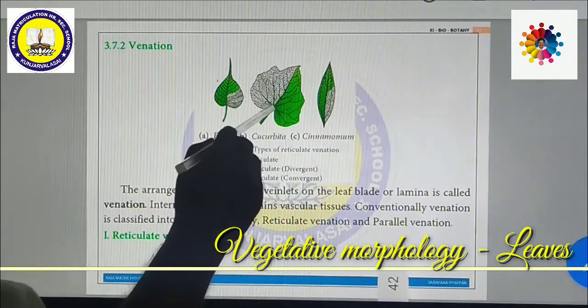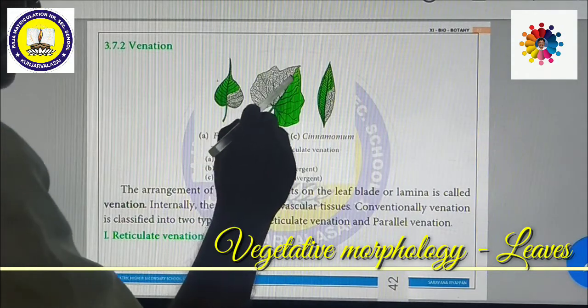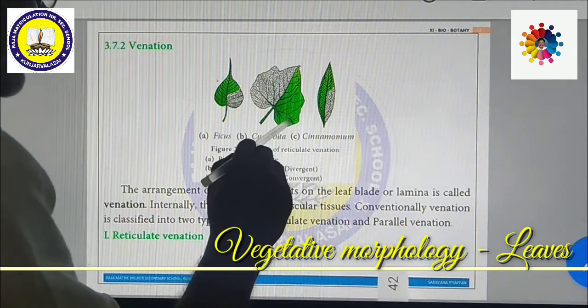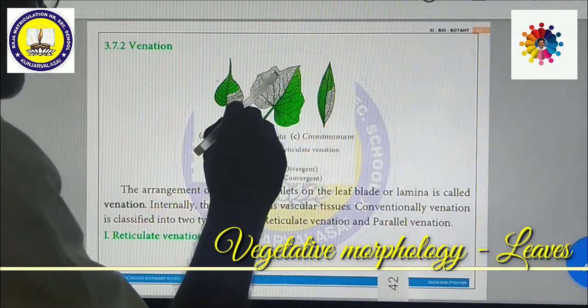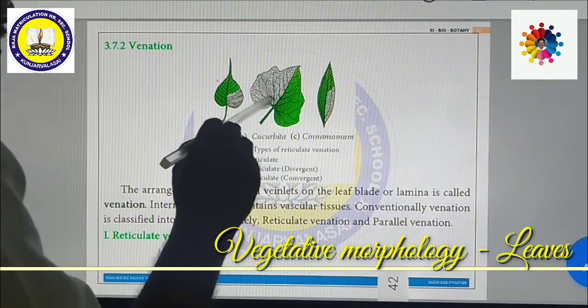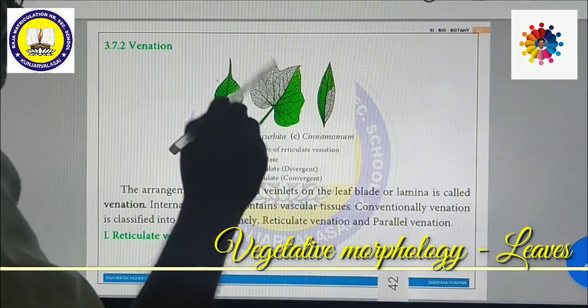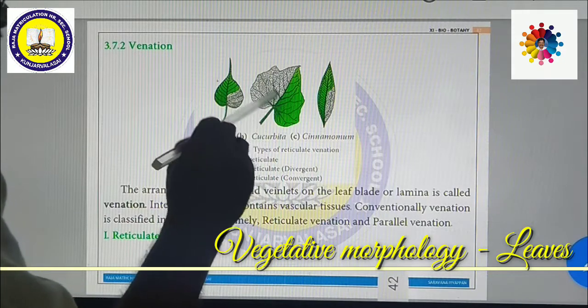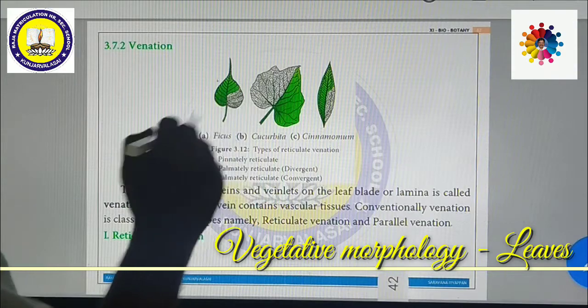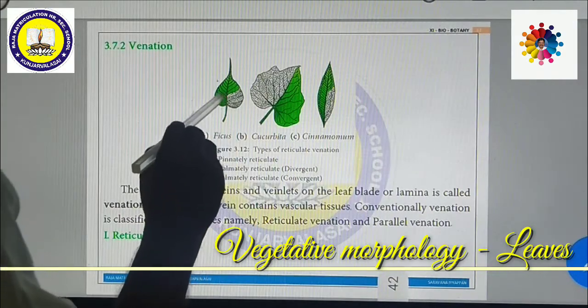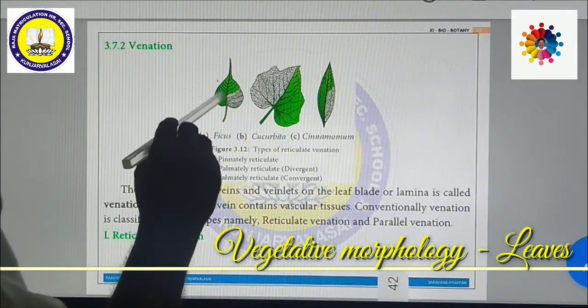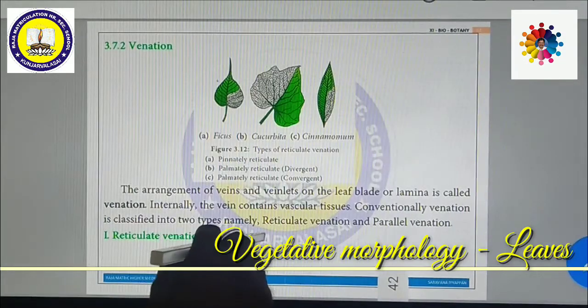See here, many midribs are there. This is one midrib, this is another midrib, this is the third midrib, this is the fourth midrib, this is the fifth midrib, and so on. So many midribs are present. If more than one midrib is present, these are called palmately reticulate venation. If only one midrib is present, this is called pinnately reticulate venation.